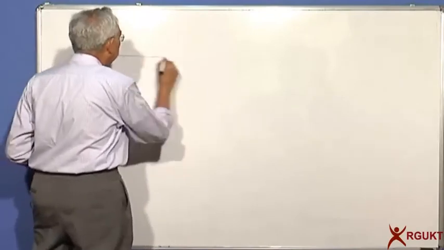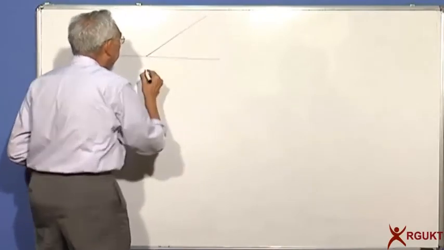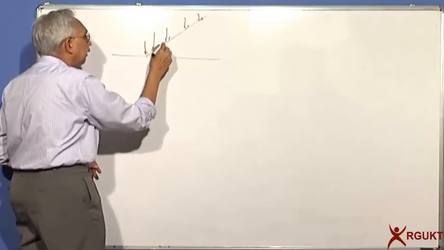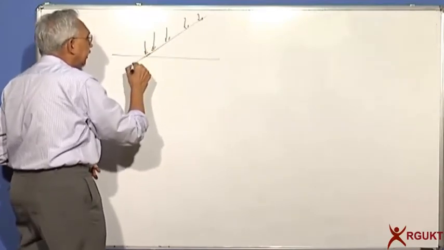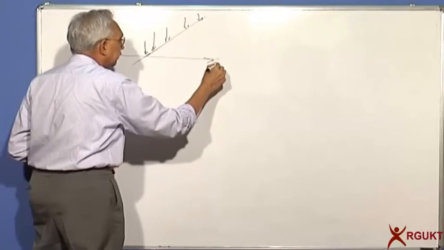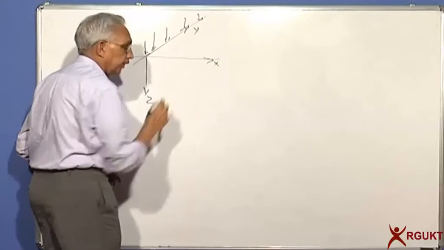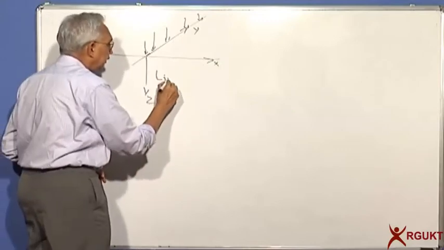So I have here the line load, we call it. All that I had to do is integrate along this distance. This is x, this is z, and this is, say, direction y. So we have a line load.